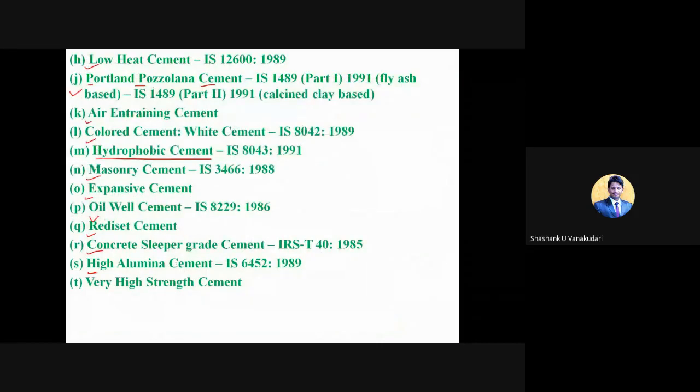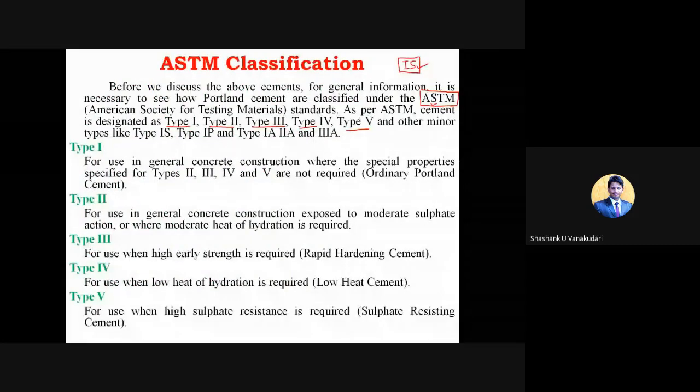And other minor types like type 1S, 1P, 1A, 2A, and then 3A.